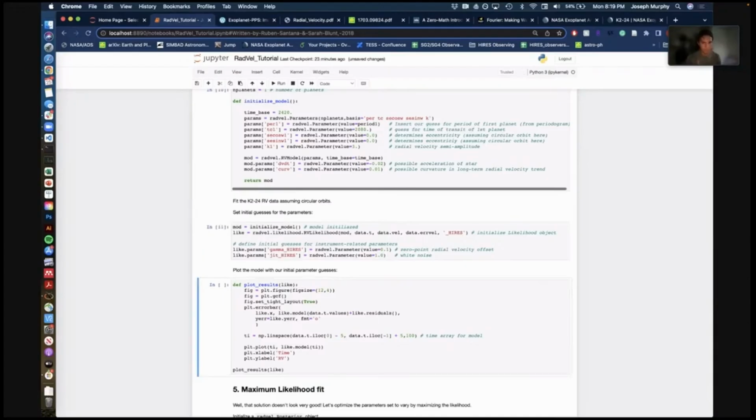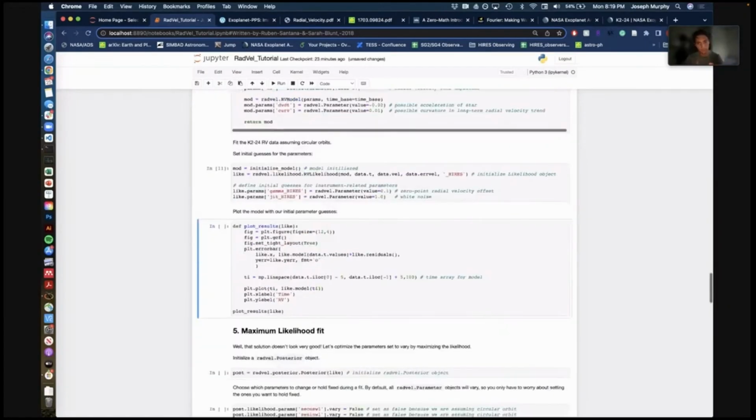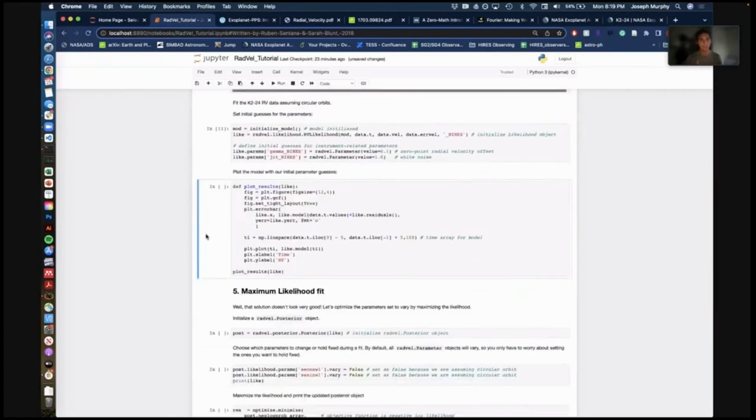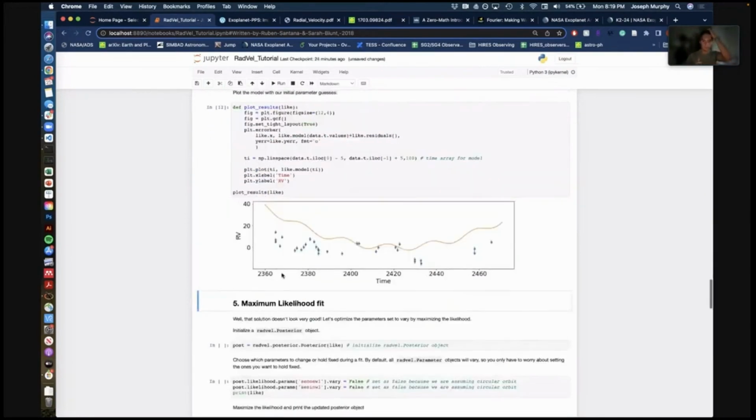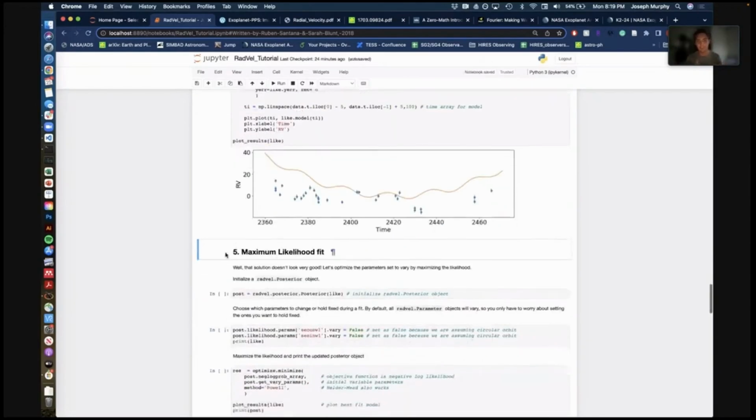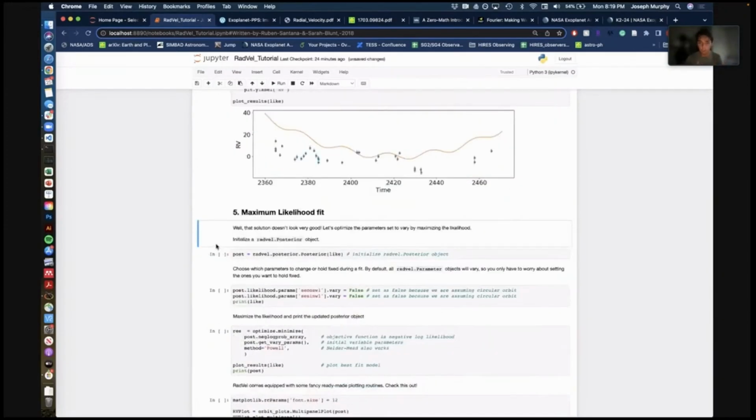Okay. And so we're going to now plot the model with our initial parameter guesses. Again, this is time on the x-axis, radial velocity in meters per second on the y. The data's in blue, and the model, our initial guess for it, is in orange. That doesn't look super great, but what we can do is what's called a maximum likelihood fit.